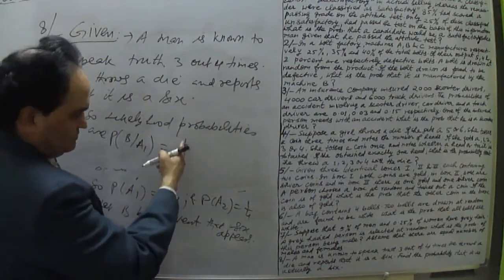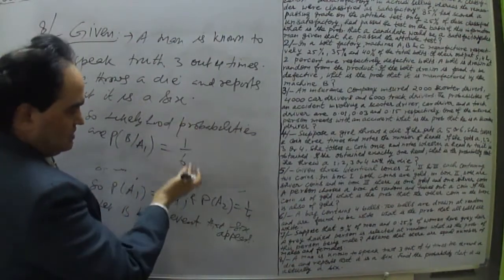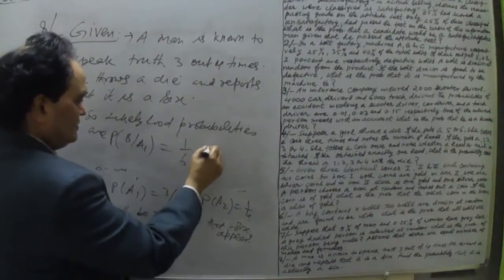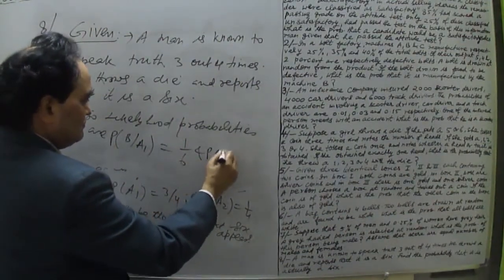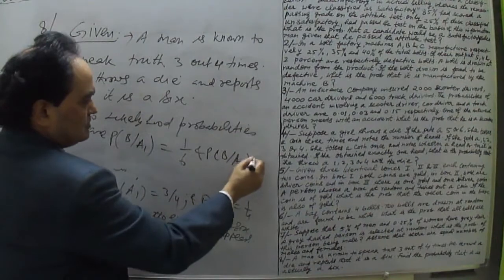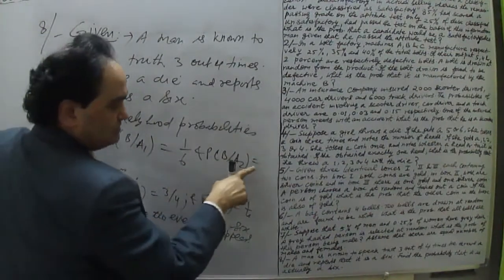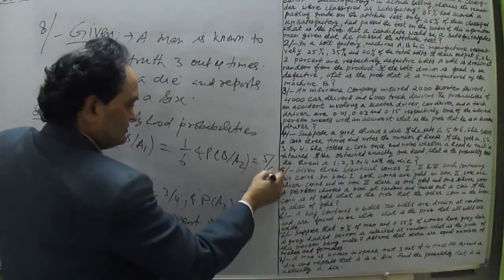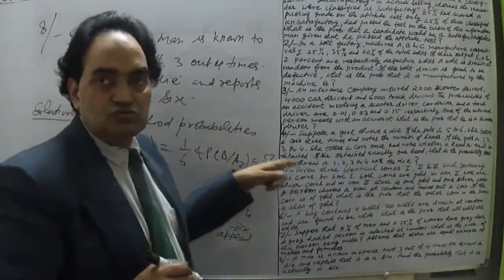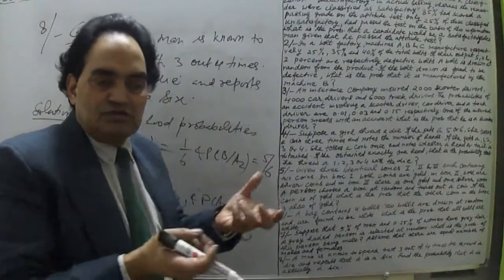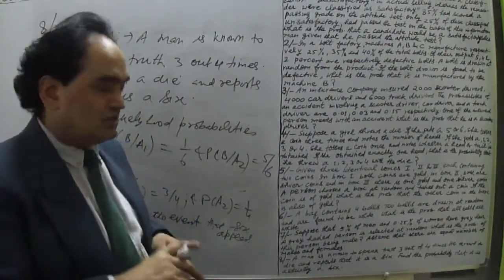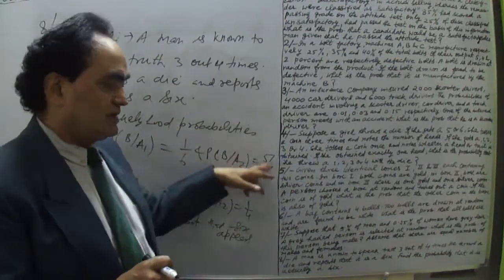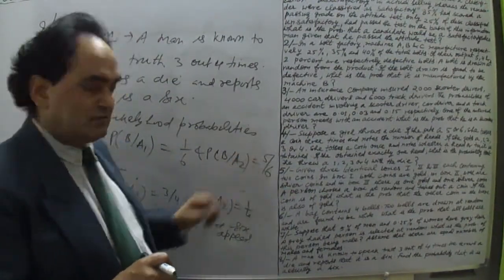Just 6 appears, that means 1/6. 1 is 6 out of total outcomes, so 6 is 1/6. And the probability of B given not speaking the truth, that means 6 is not appearing, is 5/6. Why 5? Because 1, 2, 3, 4, 5. When we throw a die, there are 6 total outcomes. Out of that, if 6 appears, there is only one 6, so 1/6, and 5/6 is 6 not appearing.